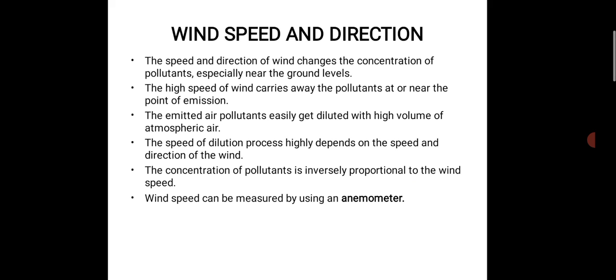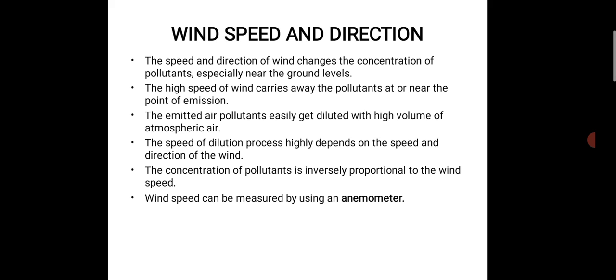In primary parameters, the wind speed and its direction. The speed and direction of wind changes the concentration of pollutants, especially near the ground levels. The high speed wind carries away the pollutants at or near the point of emission.